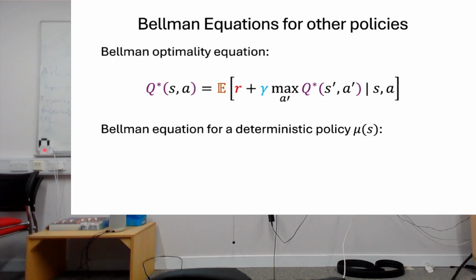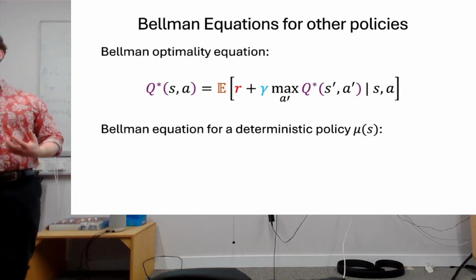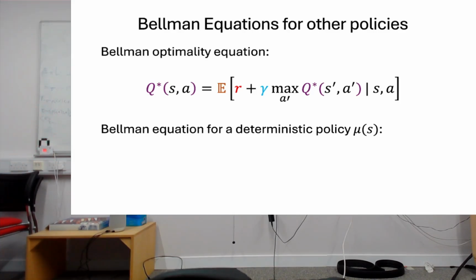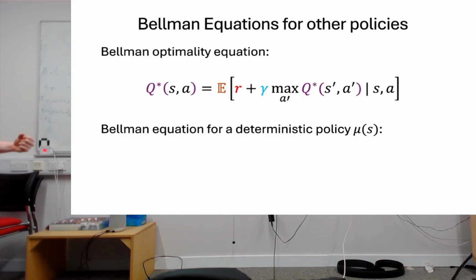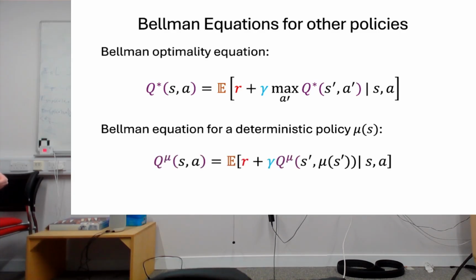So there's another part of the equation I need to change. Anyone want to guess? Yeah, right. This maximum is encoding optimality. It's encoding the optimal policy. But if I know that I'm not performing the optimal action, but I'm going to perform the action mu of S, then what I should have here instead of A prime is mu of S prime.